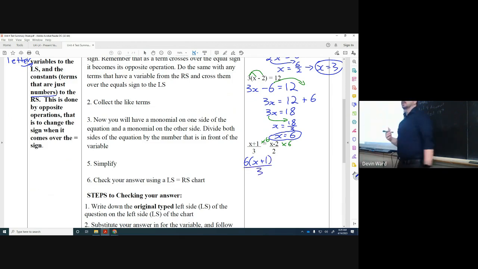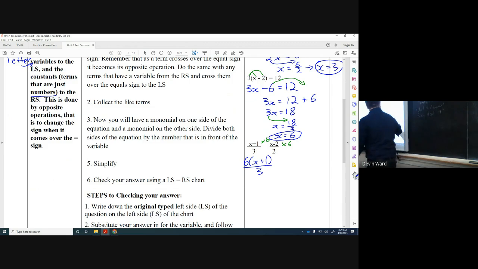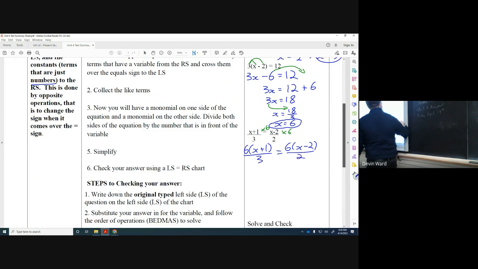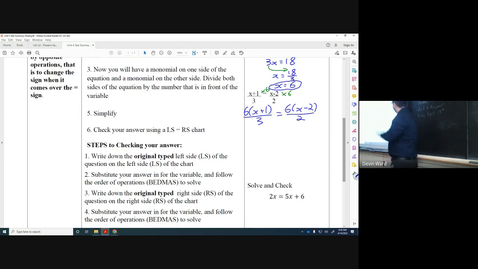So remember, if it's x plus 1 or any kind of binomial up here, we just put the 6 outside and it's going to be distribution. On the left we'll also have 6, x minus 2, all over 2. Now we distribute in the 6 on the left and on the right.